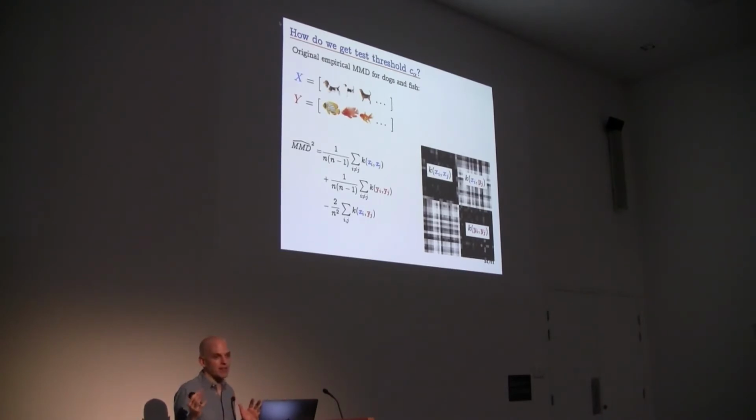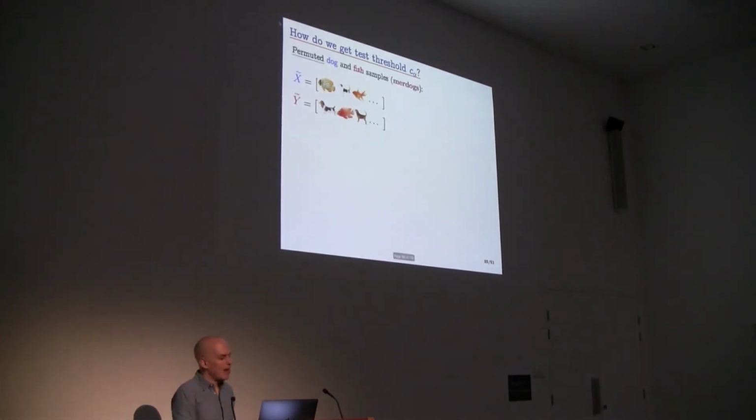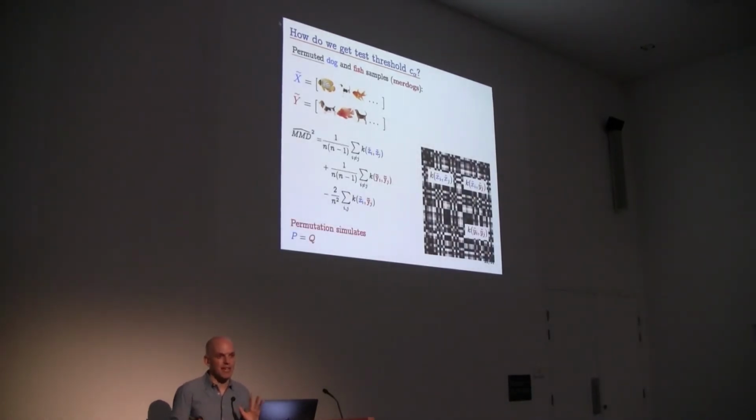Now I'm going to take all my dogs and my fish, put them in a bag, draw half of the contents of that bag and call it x tilde, and the other half I'm going to call y tilde. So now x tilde and y tilde are sort of fish-dog hybrids. Let's look at the ground matrix that we get here.